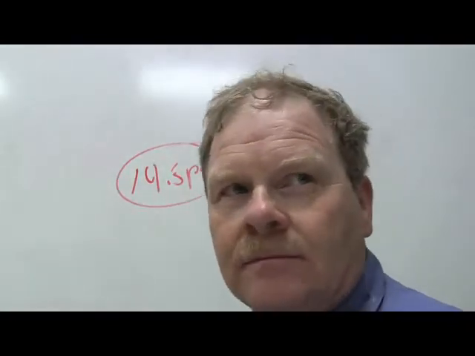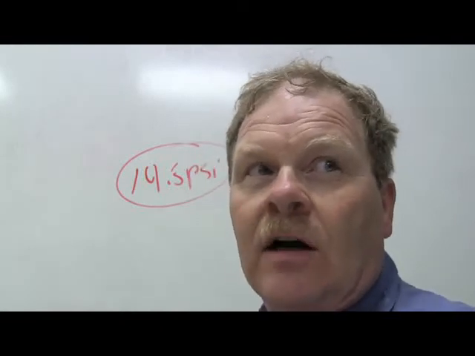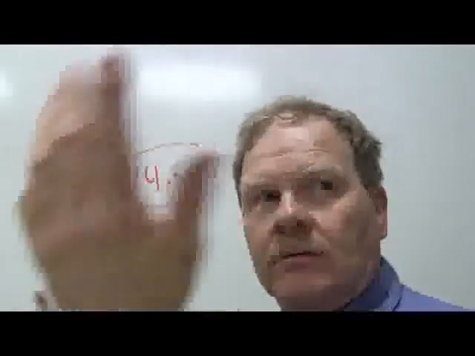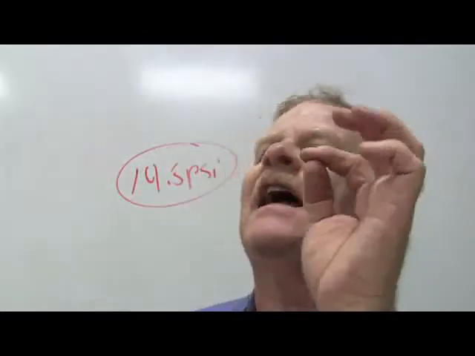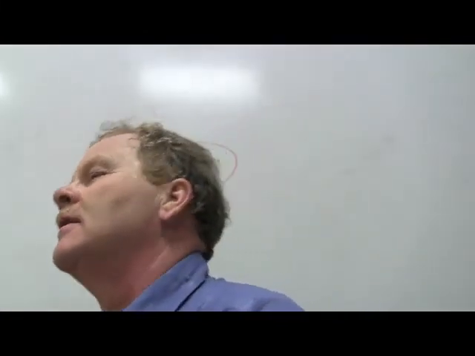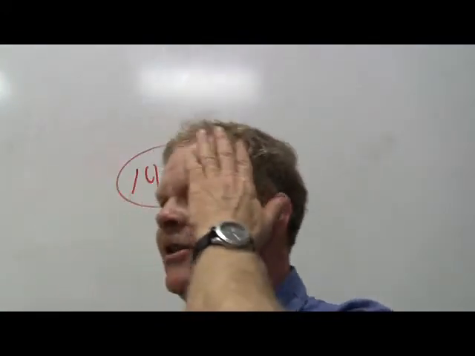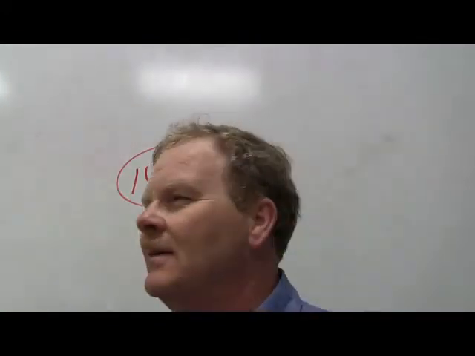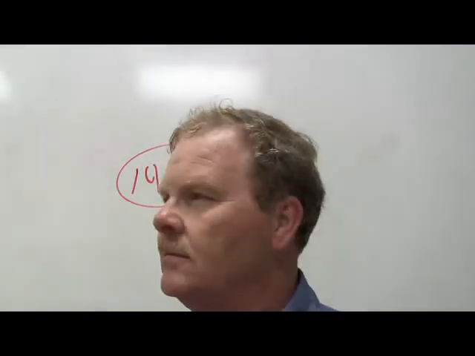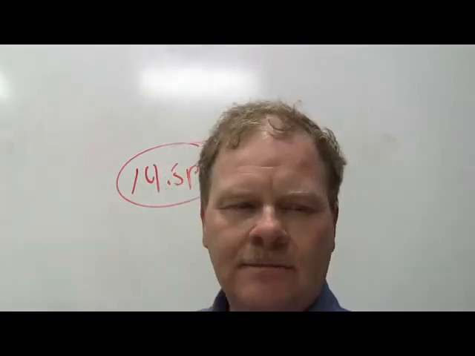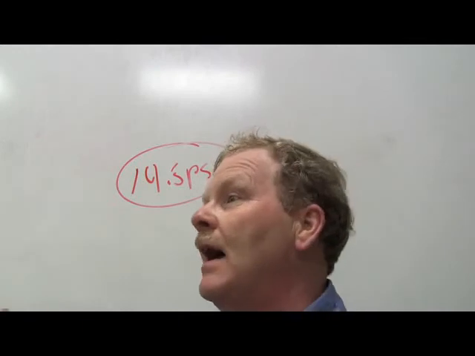So psi-G is representative of what you're feeling right now. I want you to burn that in, because everybody is going to see psi-G sooner or later and wonder what in the world they're talking about. psi-G is what you're feeling right now.